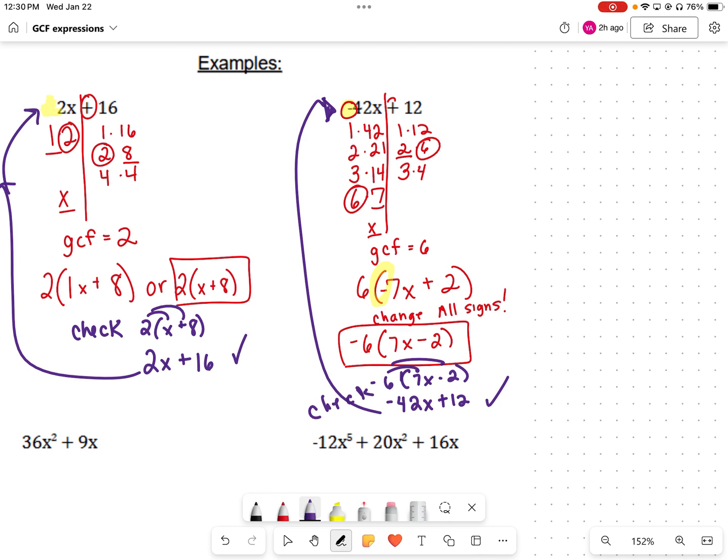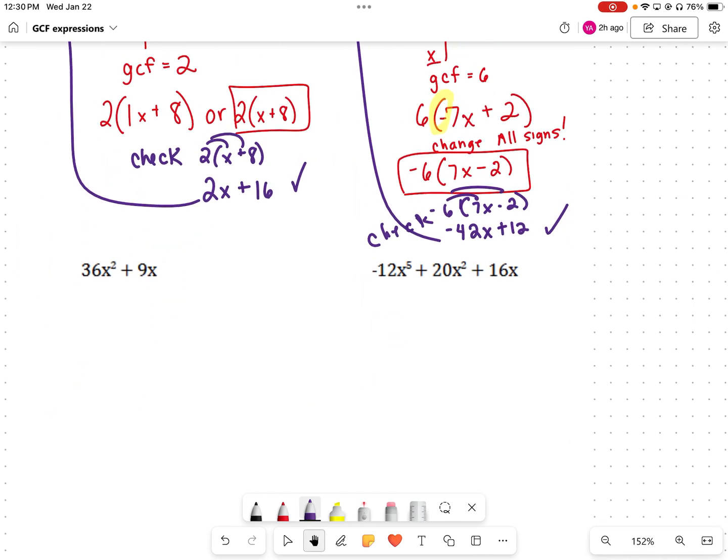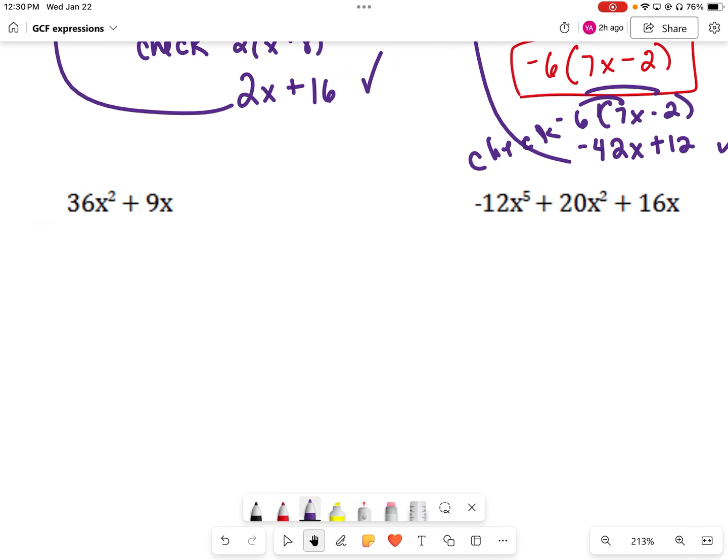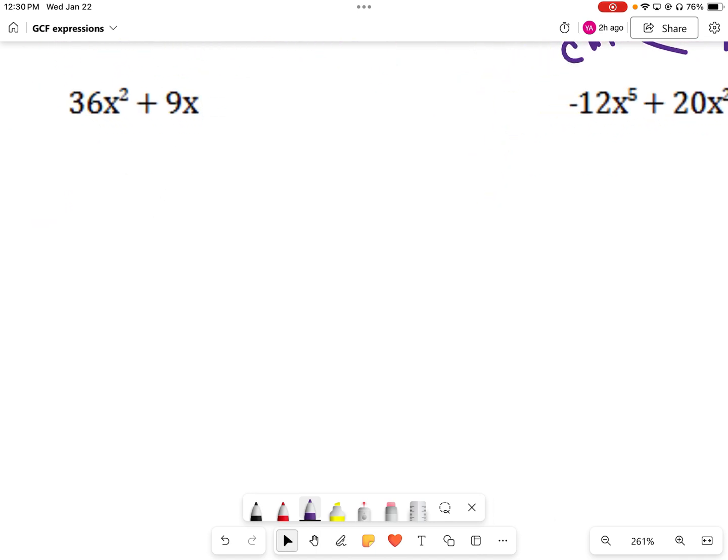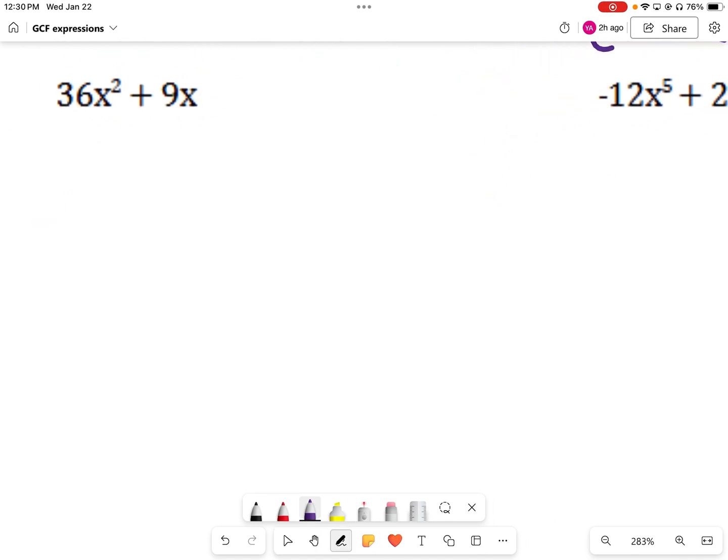Okay, let's do 2 more examples together, and then we'll practice. All right, let's go to this one. 36x squared plus 9x. Draw your line.